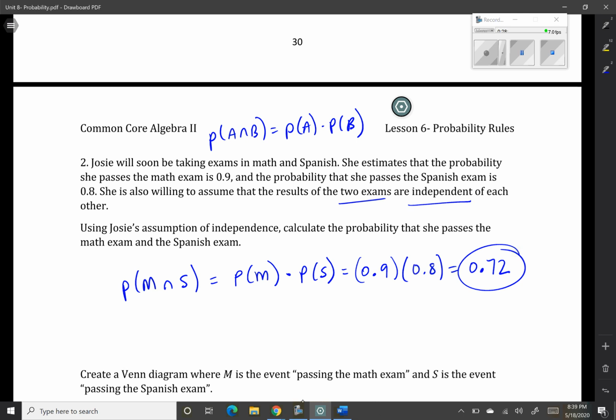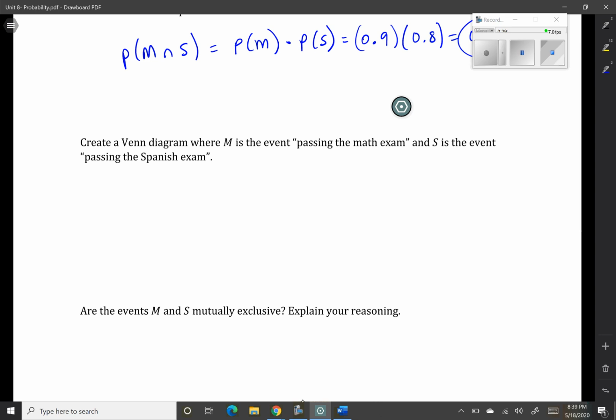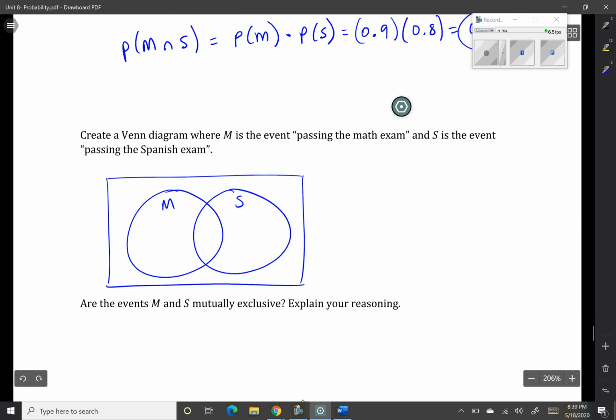It then says, create a Venn diagram using M for passing math and S for passing Spanish. So if we make our Venn diagram here, math, Spanish. We already know what number goes in the middle. We found M and S is 0.72.